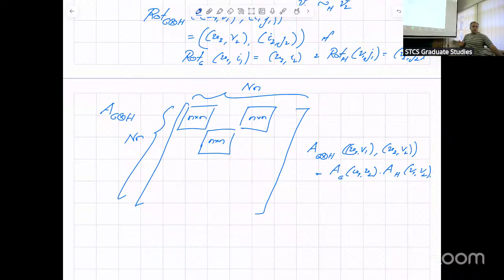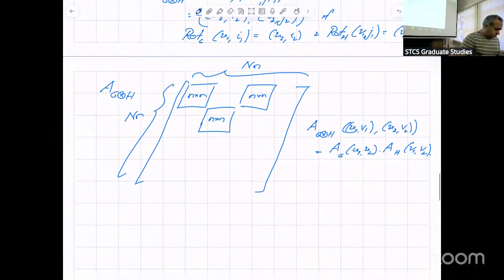It's just the product. I have thought of it as a big N by N matrix whose entries are all small n by n matrices. Of course, you could think of it the other way. It depends which way you want to write things down.